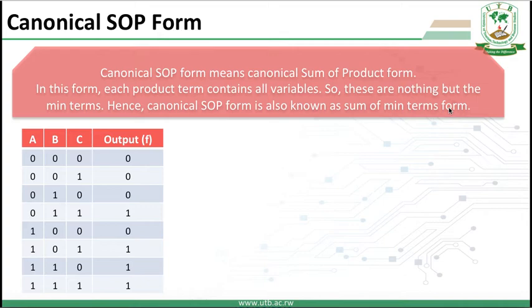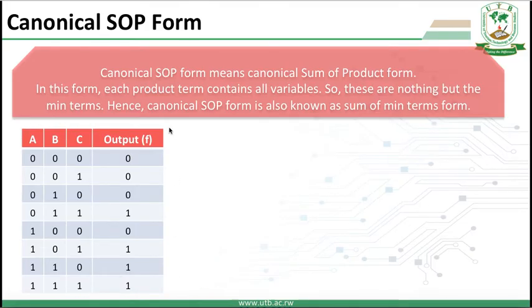Let us understand using this truth table. In this truth table, A, B, C are the inputs and F stands for function, so output. This is not using any rules, it is just a random truth table, and I have just put 0, 0, 0 and 0, 0, 1. So what I mean to say is, this truth table is given.